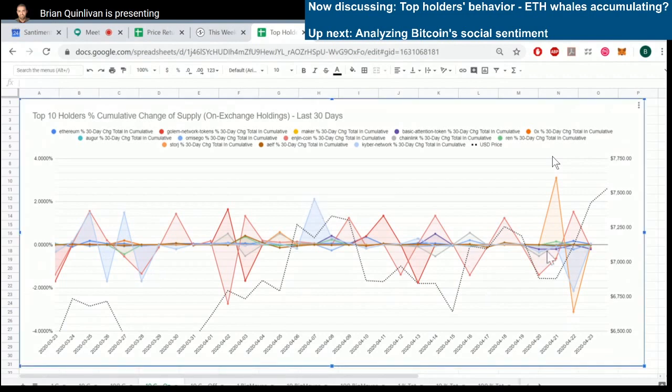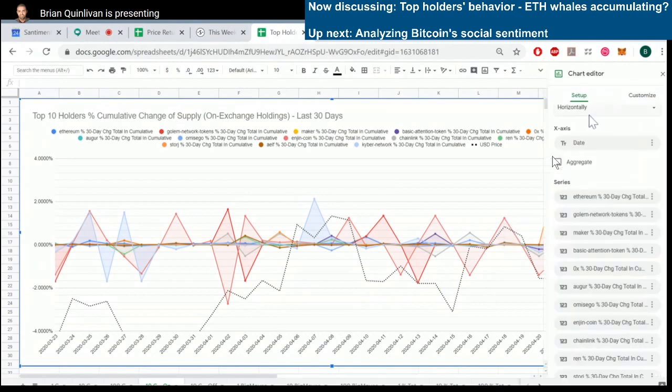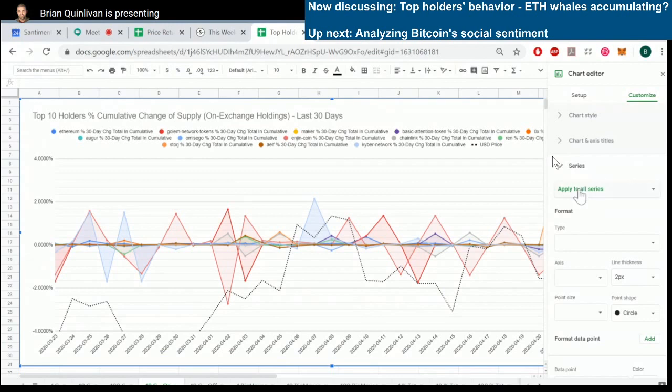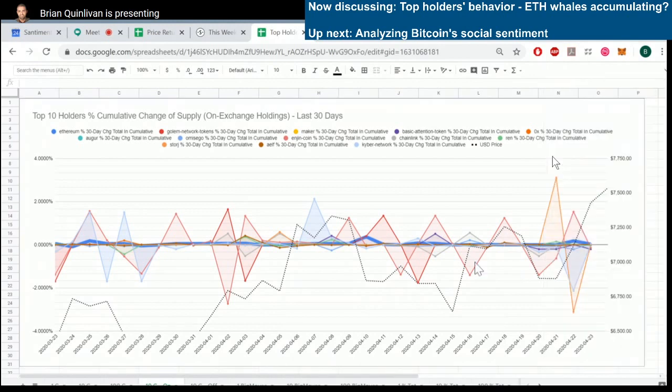Let me see if I can highlight Ethereum really quick. I'm going to quickly open this up, and I'm going to go to Ethereum, make the line super thick. It's kind of tough to see because of the amount of noise in the graph. But you see a small sort of bump there, right?